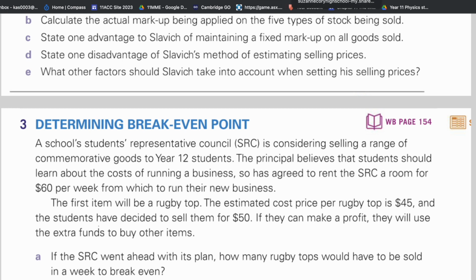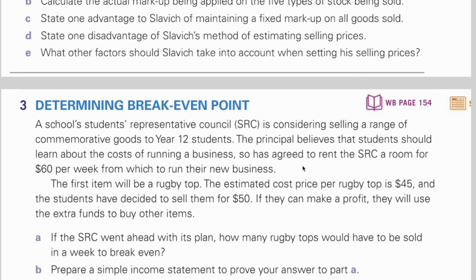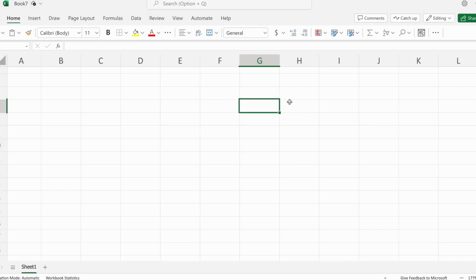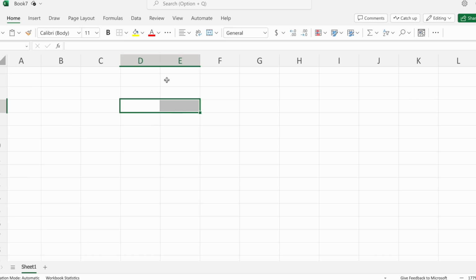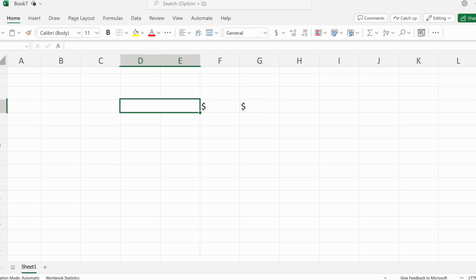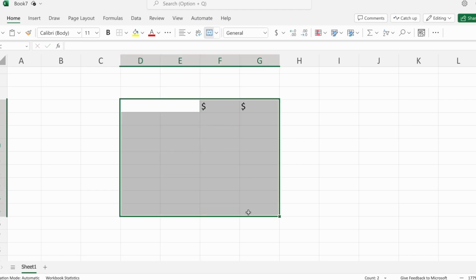So alright, let's look at the second part of this question, which requires us to prepare a simple income statement to prove our answer. So let's go to an Excel doc, and we will make an income statement template.